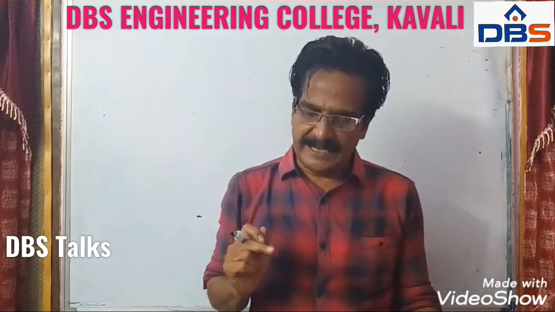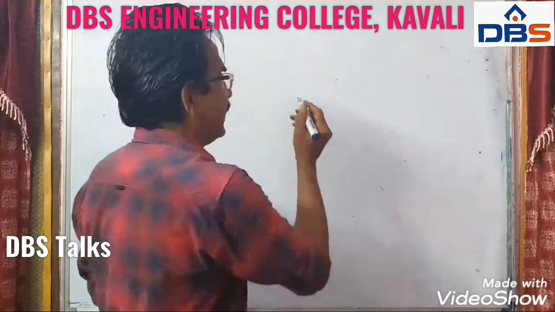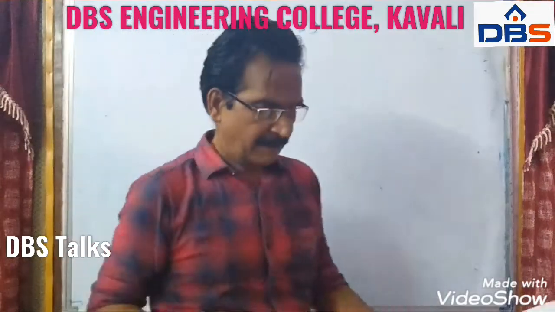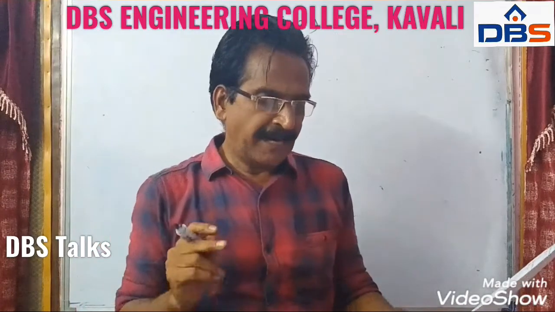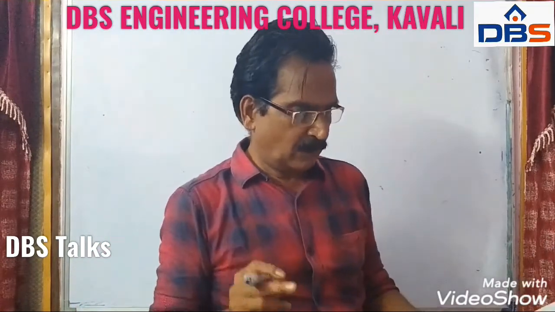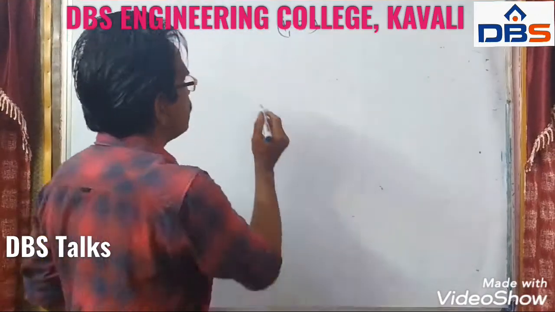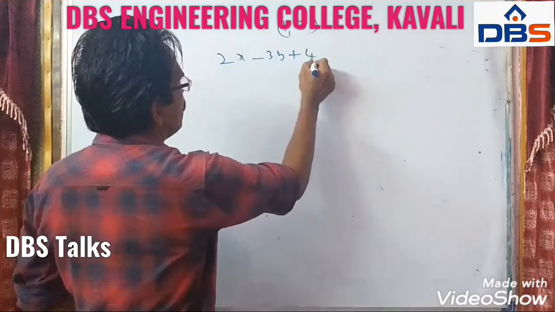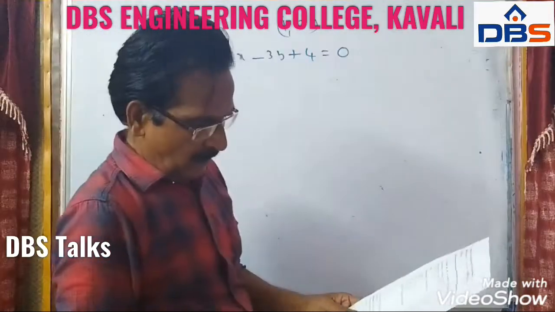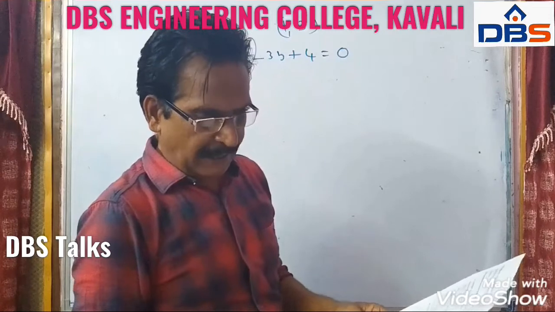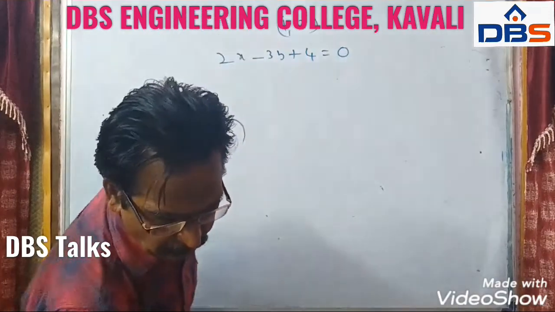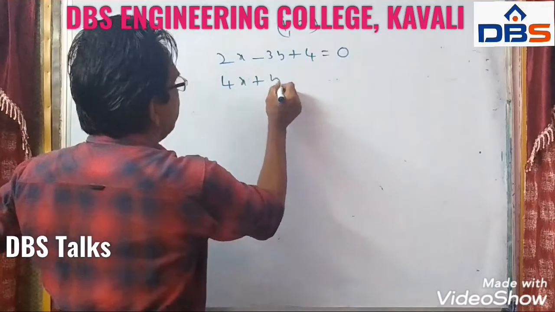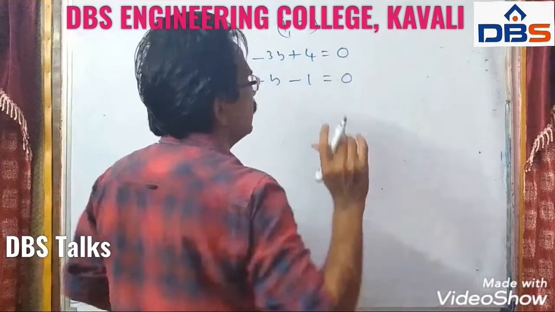Find the equation of a line through the point (1, 3) and the point of intersection of the lines 2x minus 3y plus 4 is equal to 0 and 4x plus y minus 1 is equal to 0.